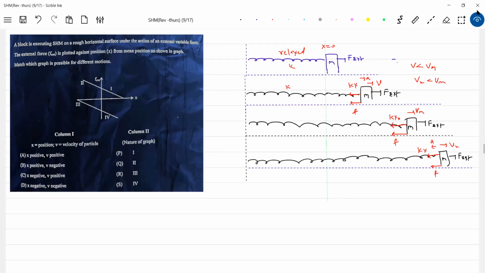X positive, v positive, I think it can happen in this particular graph. The force is acting towards the right, and it will still be acting towards the right while the block undergoes retardation. X positive, v negative.